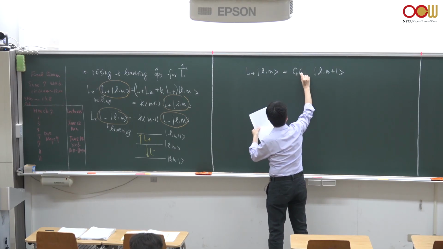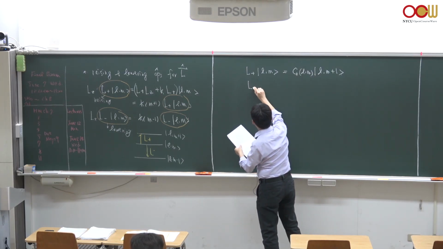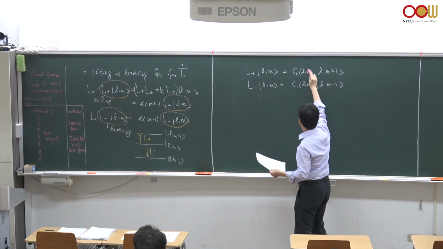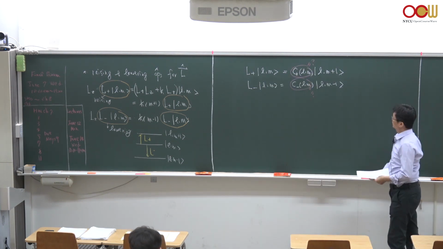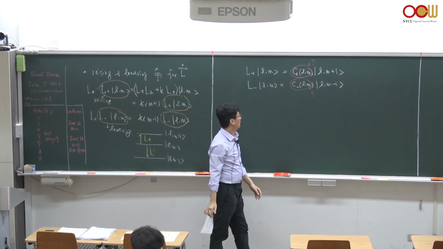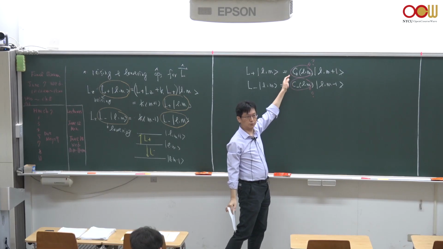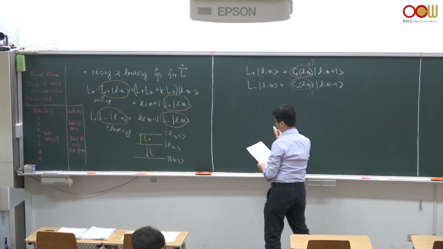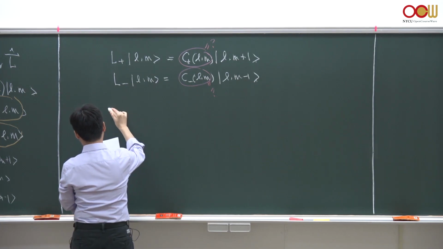C plus and also C minus. So we need to figure that out. It's not equal to |l,m+1> or |l,m-1>, but with the prefactor C plus or C minus. So we need to find out what these prefactors are. Let's just figure that out.